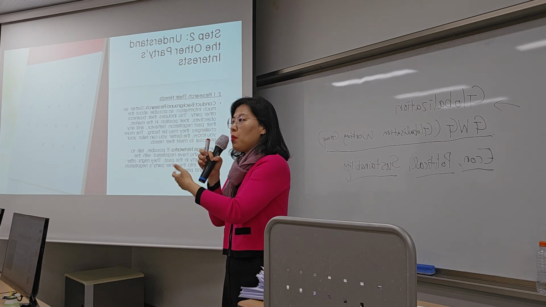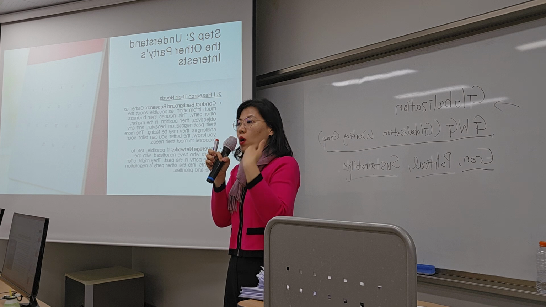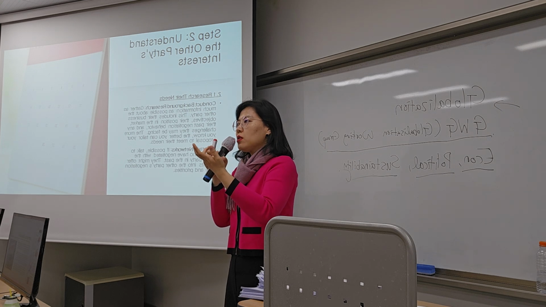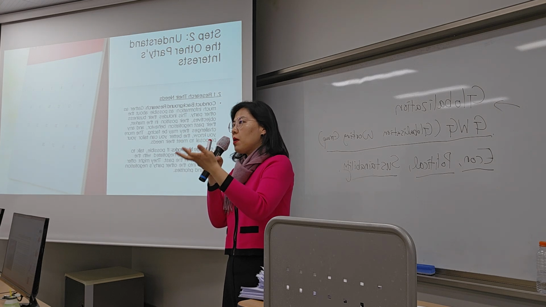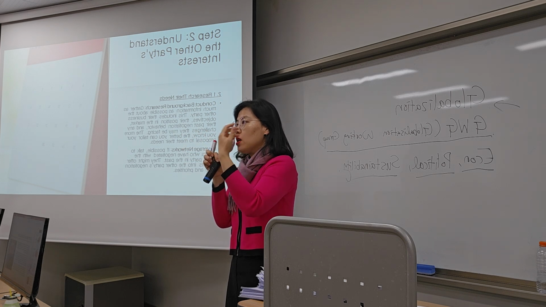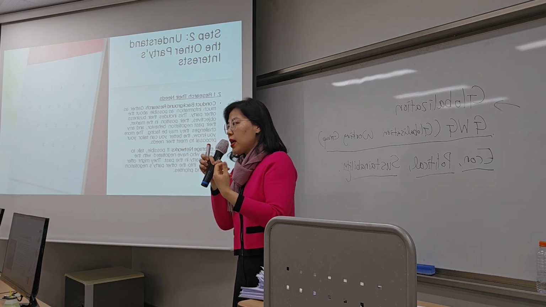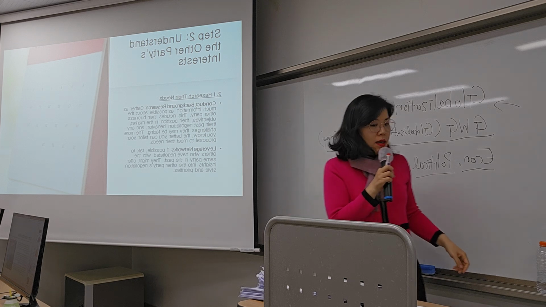So this is a very important step, okay? Not only about your position, but also to know about the other country's position. You have to talk a lot and gather as much information as possible, okay?